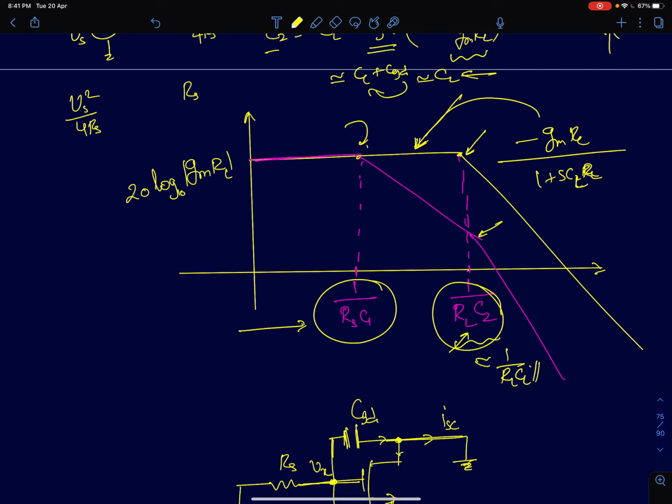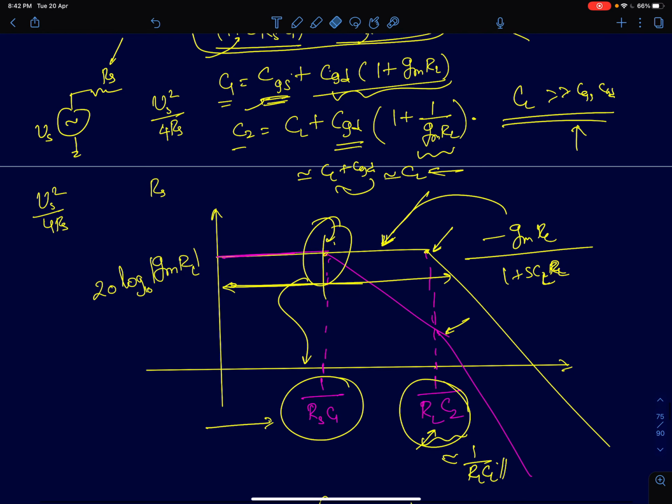But now you can see here a new low frequency pole is introduced, and that is reducing the bandwidth of your amplifier. So previously the bandwidth was 1 by RL CL, now it has reduced to 1 by Rs C1. This is because of the capacitance CGD, and we used Miller's theorem.